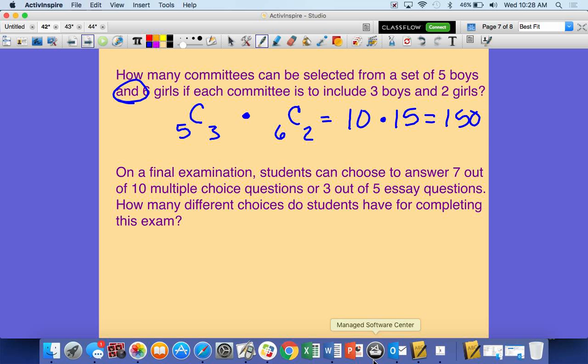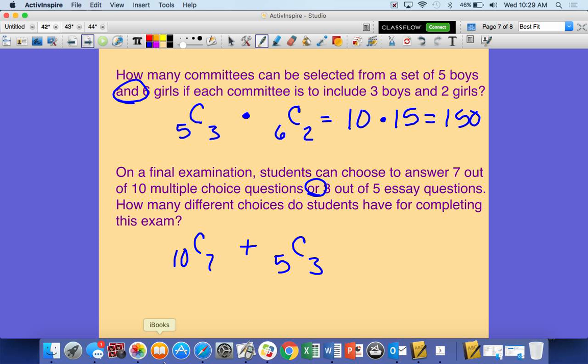Alright, so say we worked with multiple choice. That would be 10C7. Or say you want to do the essay questions. That would be 5C3. What sign goes in between? Well, this is an or problem. You can either do the multiple choice or the essays.